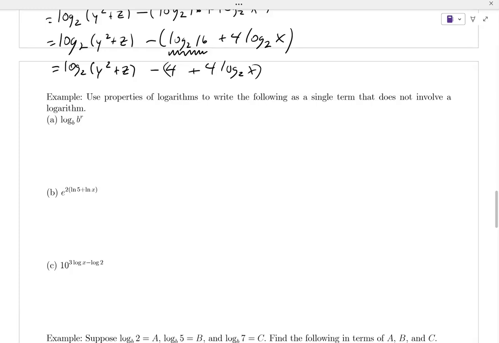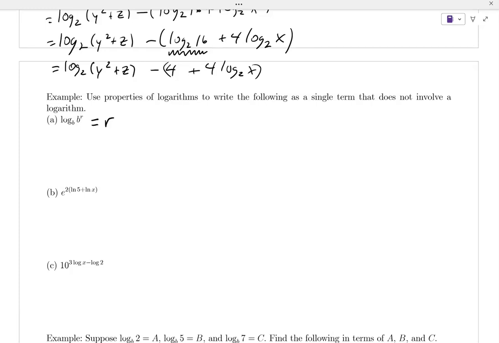That's what you're thinking of with a log question, right? This one's asking, what power do you need on B to give you B to the R power? What would the answer be? R, yeah.